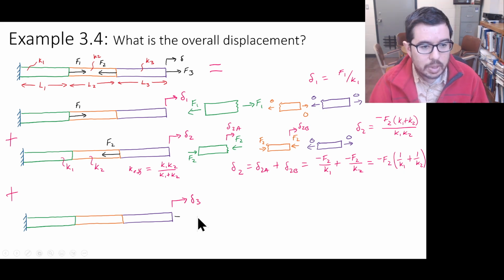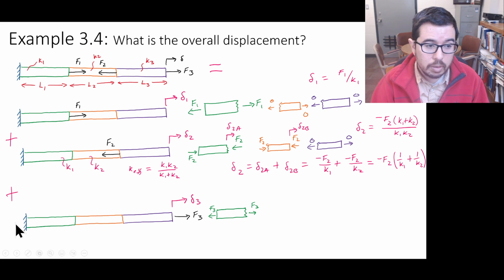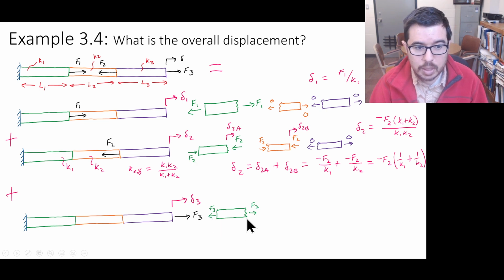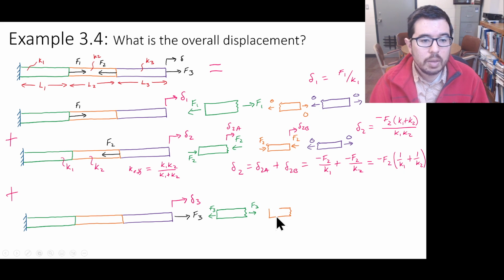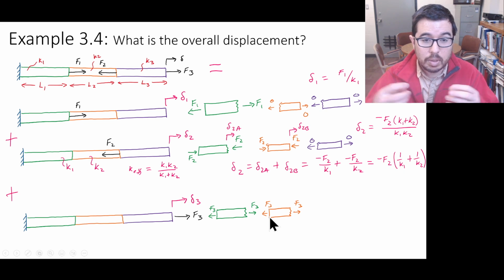But just for kicks and also further clarification, what we're going to do is break down these individual members. There's a reaction force here on this side that is going to be acting on the left side of this green portion, and the internal force is going to be the same, F3. When we take a cut here, we're going to have F3 acting against the green side, and it's going to be in tension.